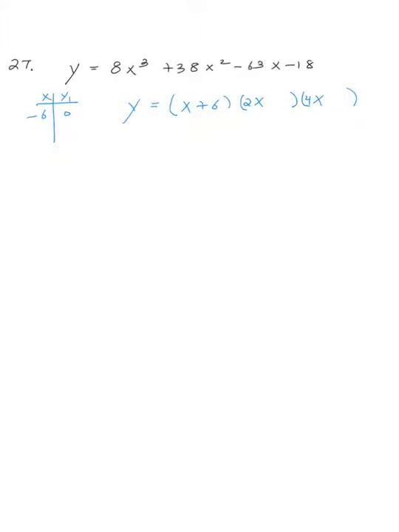So at this point, I'm just going to make some guesses. Here's a possibility. It could be that this is a negative 1, and therefore this would have to be a positive 3. That could be wrong, but I can use my table to see if it's true or not.